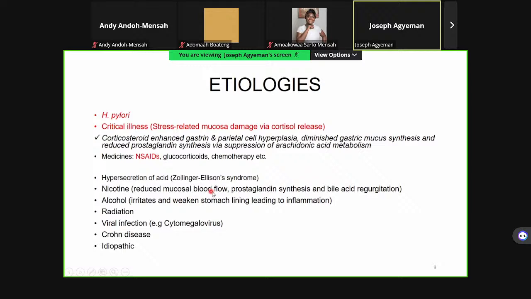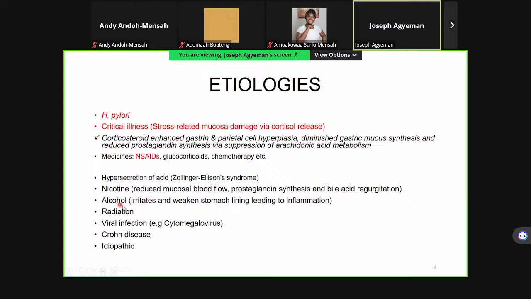Send nutrients, send amino acids so that when the faster turnover cells die, we can easily produce more to replace them so that we don't get deficits. Nicotine itself will inhibit prostaglandin synthesis. And of course, it can also enhance the regurgitation of bile acid from the GIT, that is the duodenum and small intestines, even into the stomach, to contribute to ulceration.